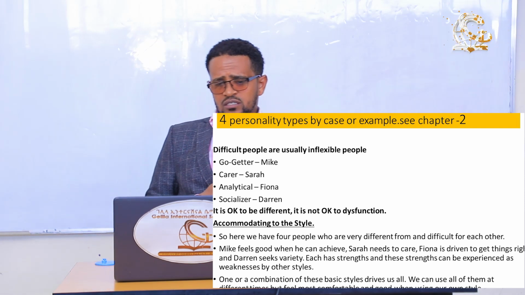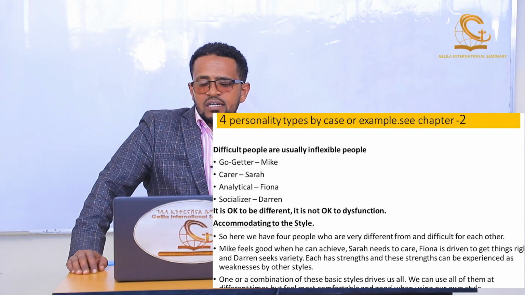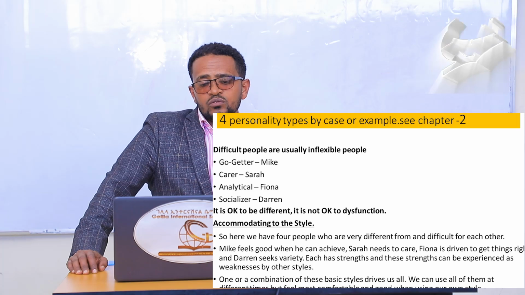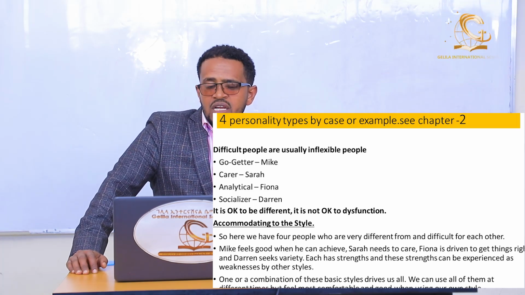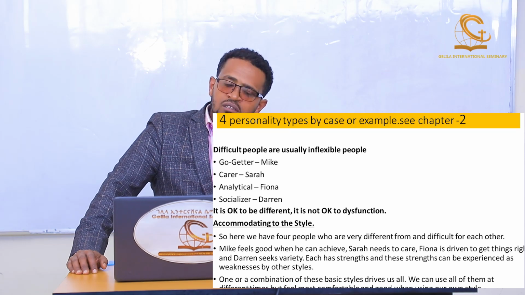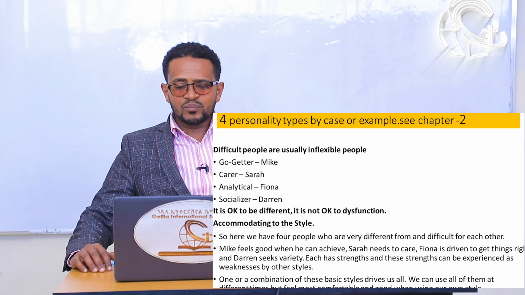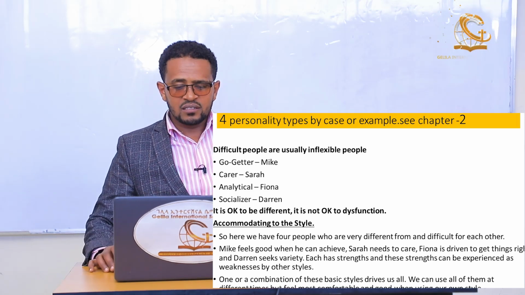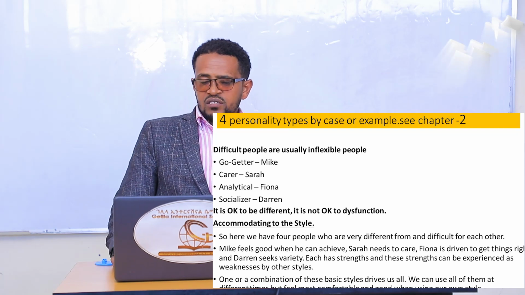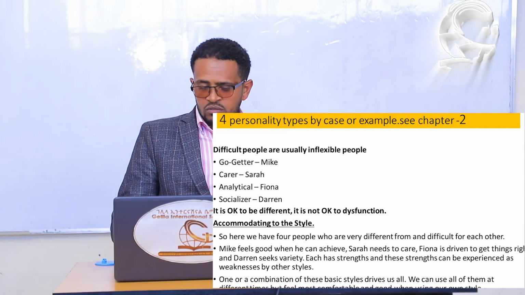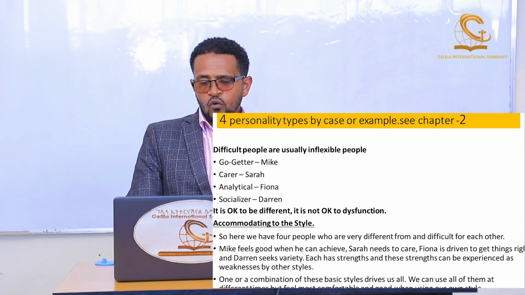Flexibility is very important to manage difference or conflict. In chapter 2, read about the go-getter, the story of Mike, carer Sarah, analytical Fiona, and socializer Darren. These are very important examples. It's okay to be different, but not okay to dysfunction. Accommodating the style is also another way.